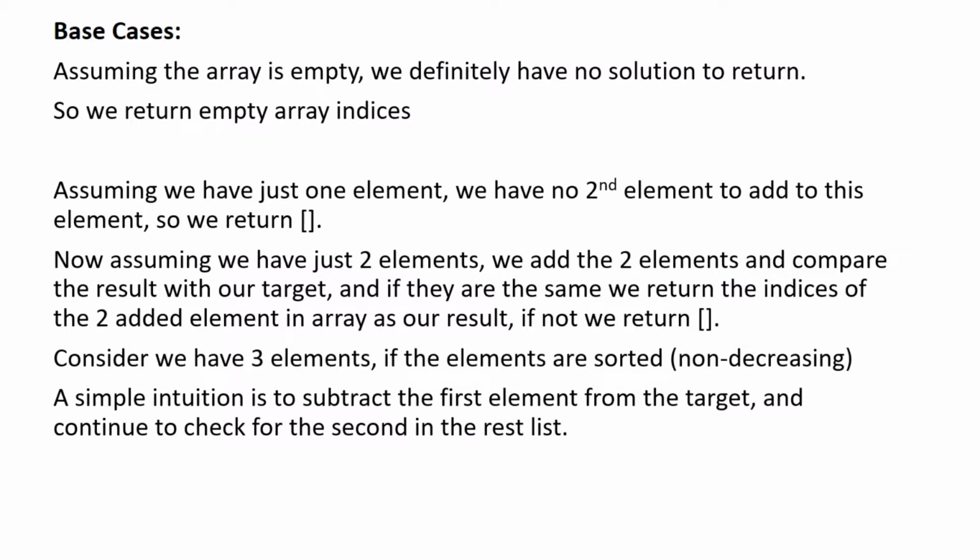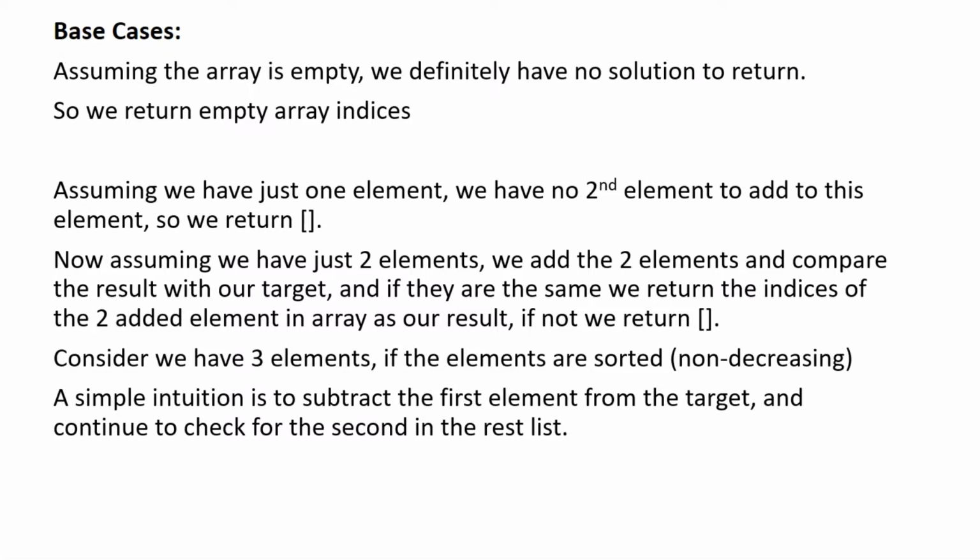Now consider we have three elements. If the elements are sorted, one way is you may want to pick the first element and look at where the other pair falls.